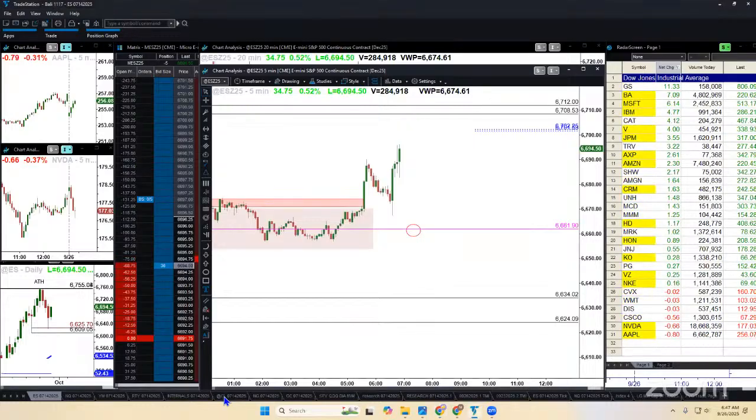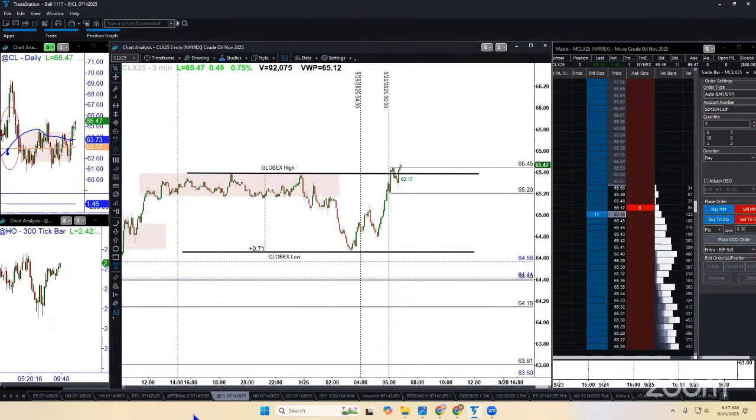All right. Crude oil. Another valuable nugget that was put out there this morning, taking the Globex range. If you were looking for the strategy of the open range breakout on crude oil or natural gas, you need to know when it's best to trade crude oil and natural gas.